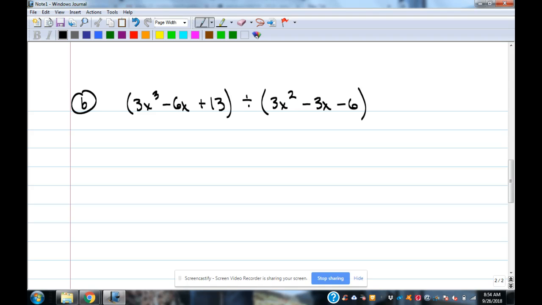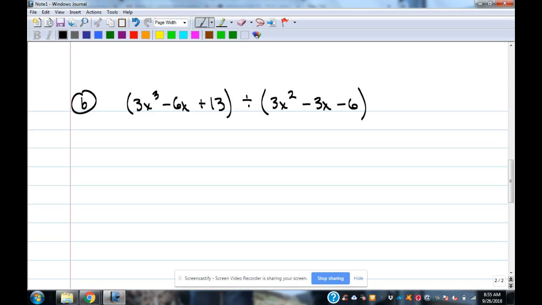So we're going to do long division here. I'll go ahead and tell you, this one you would have to do long division on because your divisor is not linear. It's got an exponent on the x. Anytime your divisor has an exponent on the x, you've got to do long division. You don't have an option.